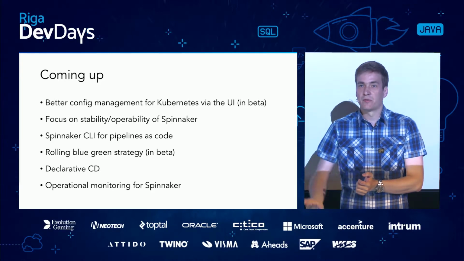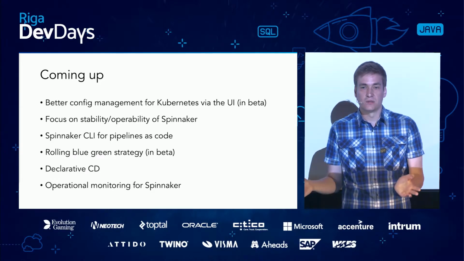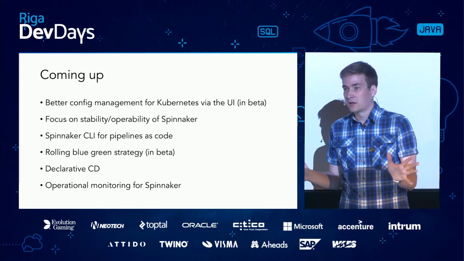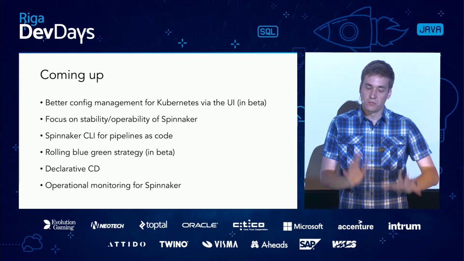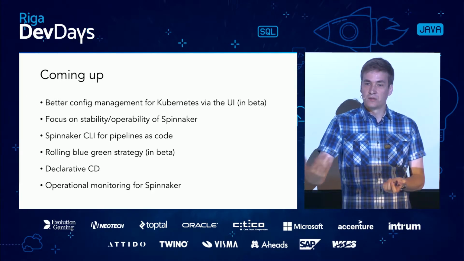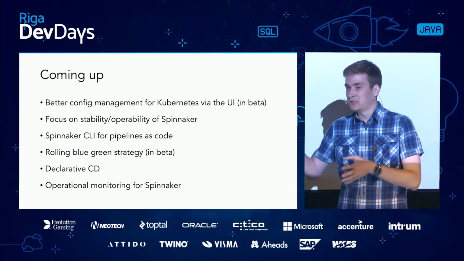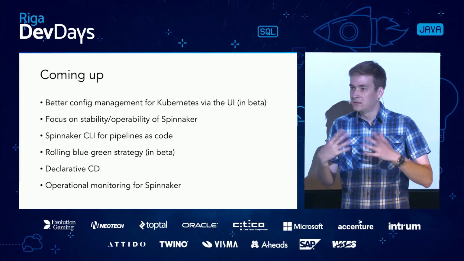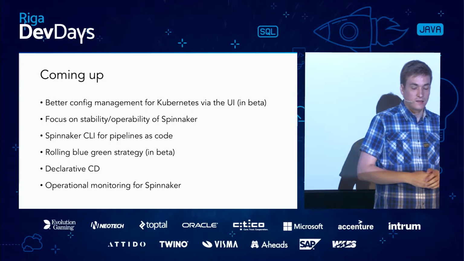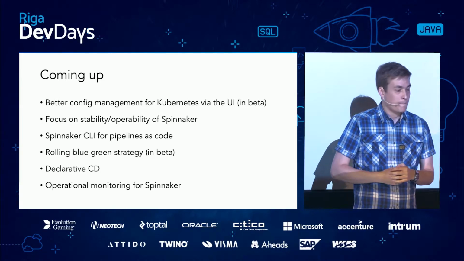And Spinnaker will figure out how to deploy it, what kind of tests to run, what kind of Canary Analysis to do. You don't have to worry about that. Okay, so that's what Spinnaker wants to focus on for companies that want to have that paved road, for teams that are not really familiar with all these different steps and these stages and these strategies. And of course, some monitoring aside from the stability and operability as well.